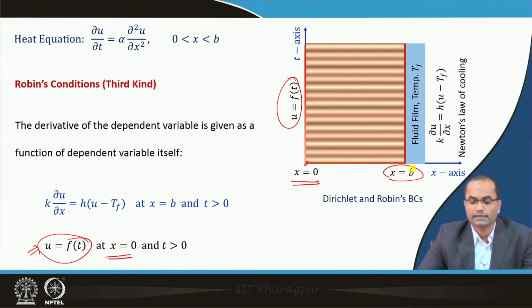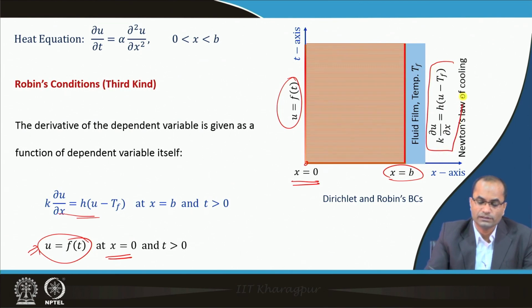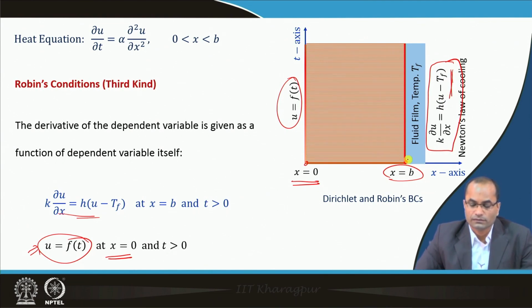On the other hand, at x equal to b, we have the so-called Robin's boundary condition, which takes some constant times the difference of the temperature u of this bar and T f. Just imagine that this bar is kept in a fluid film at this end, whose temperature is T f. T f stands for the fluid temperature.